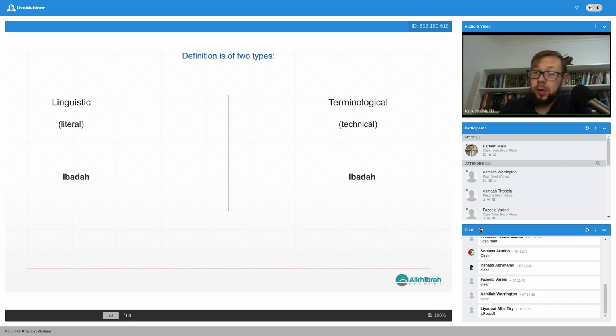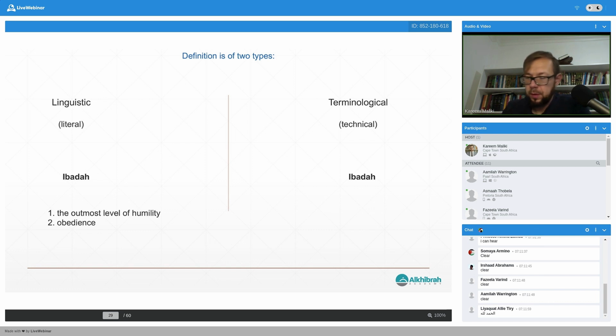Because we are talking about ibadah, and we looked at the linguistic meaning, the one that the dictionary gives us, the meaning of ibadah: the utmost level of humility, the obedience, right?